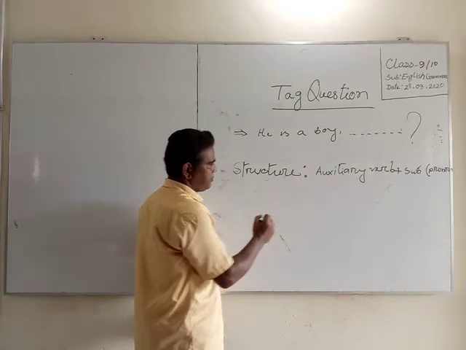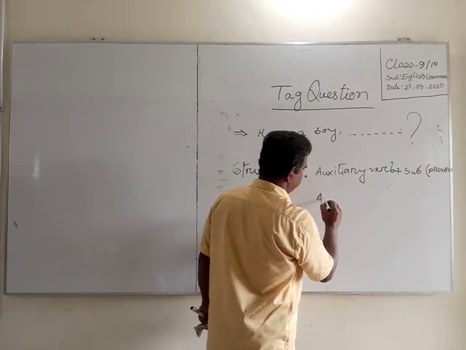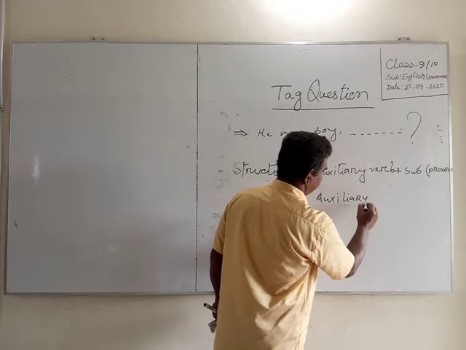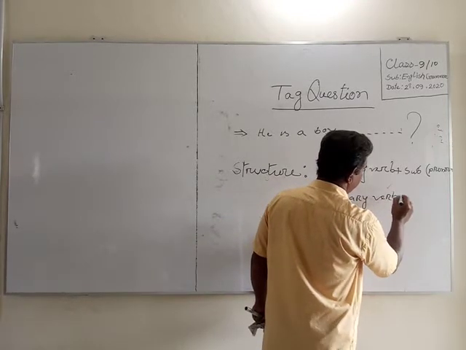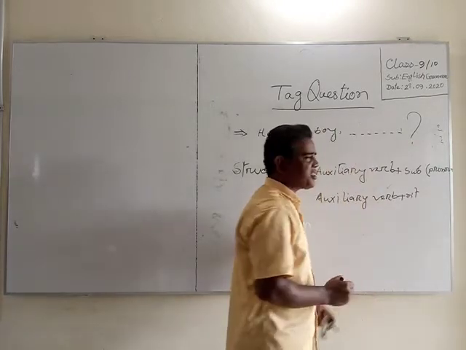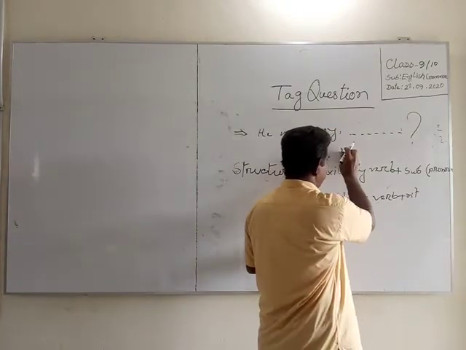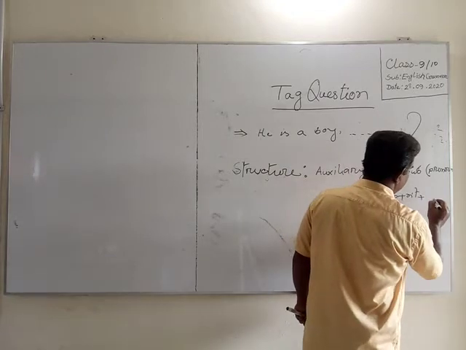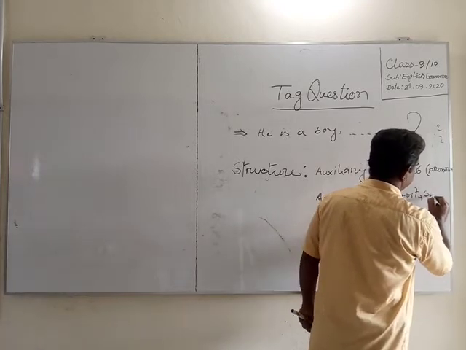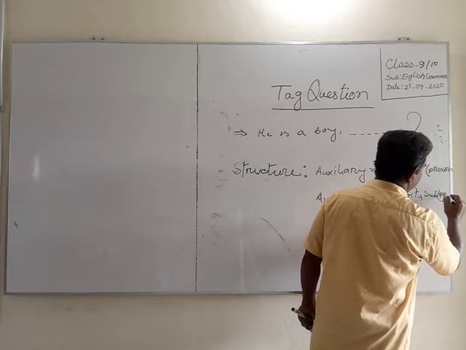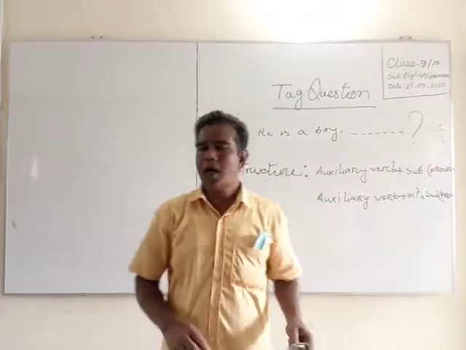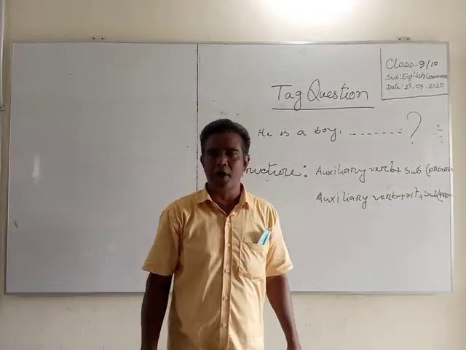And another structure: auxiliary verb plus not, that is called the tagging not, plus subject, that is pronoun. Why will the subject always be the pronoun?